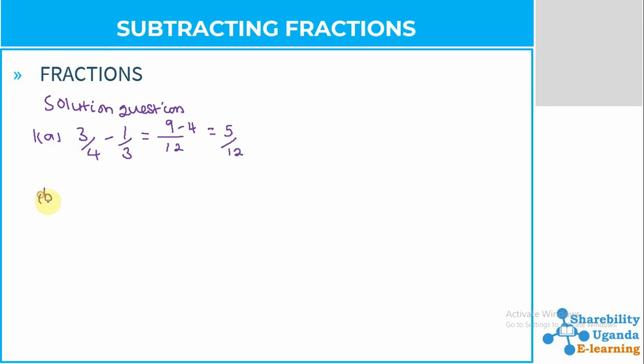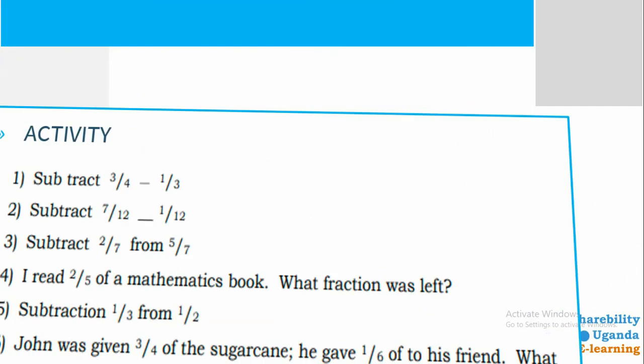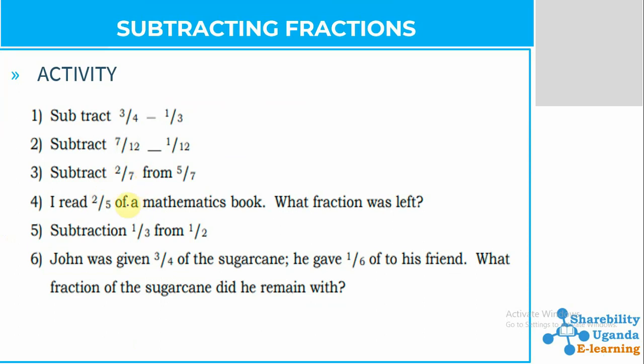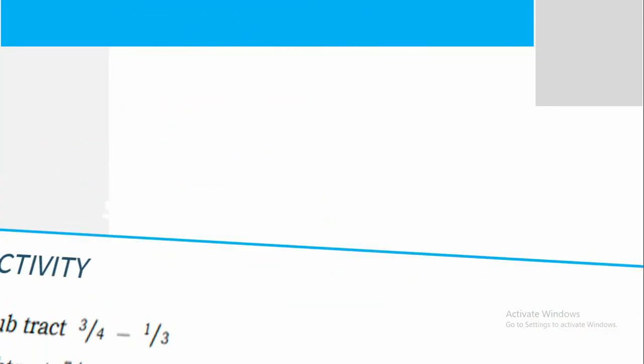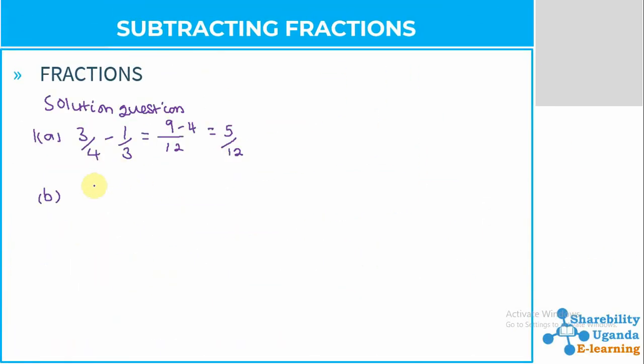Part B is 7 out of 12 minus 1 out of 12.